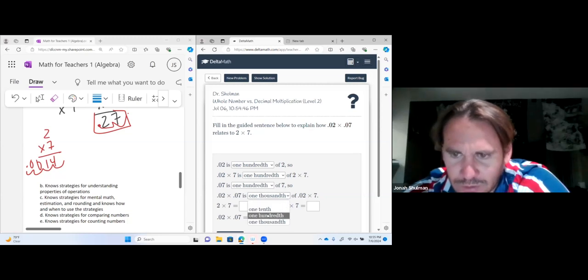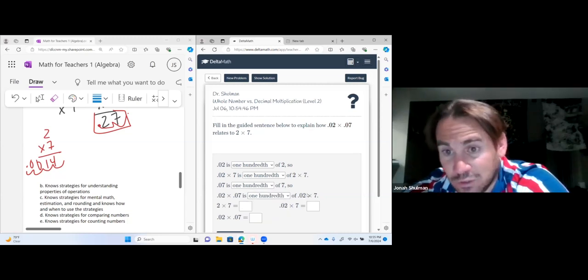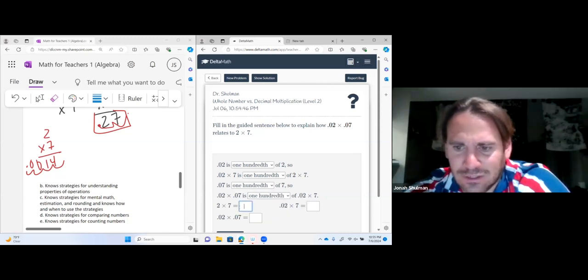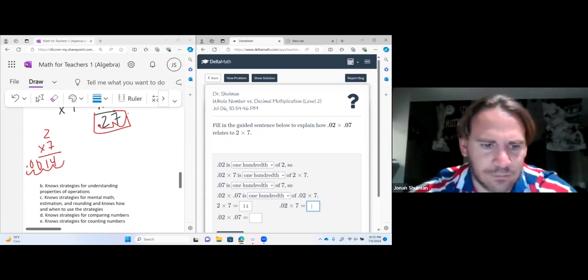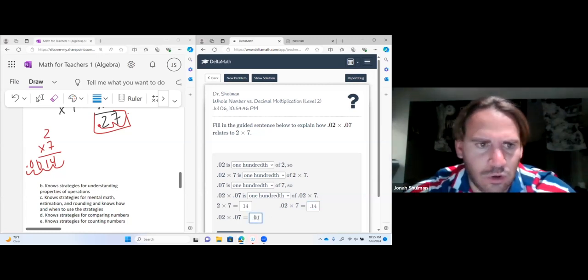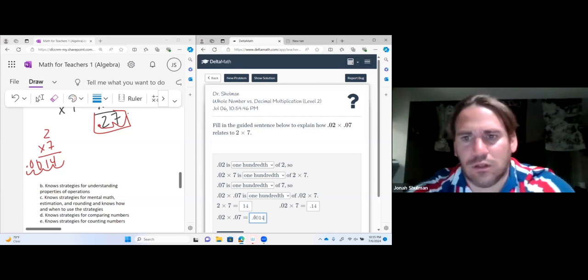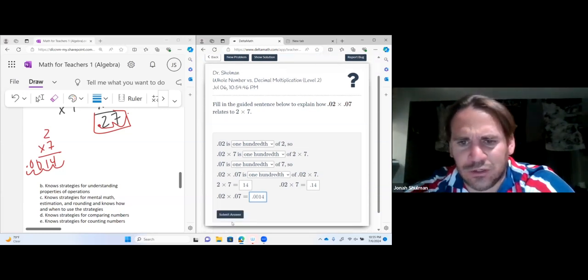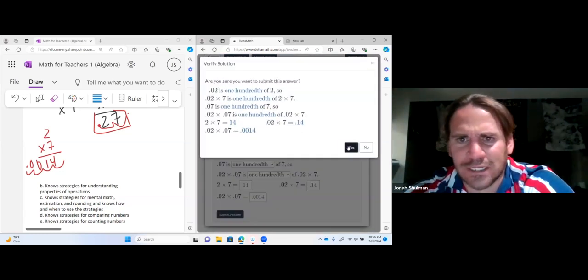No, it's 100th. Oh my God. Of this one. Craziness. This is 14. This is 1, 2. So this is 0.14. And this is 0.0014. Woo! Crazy. Making it all crazy hard.